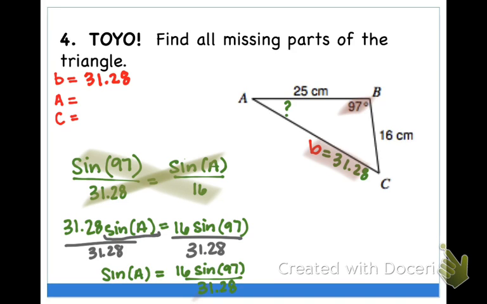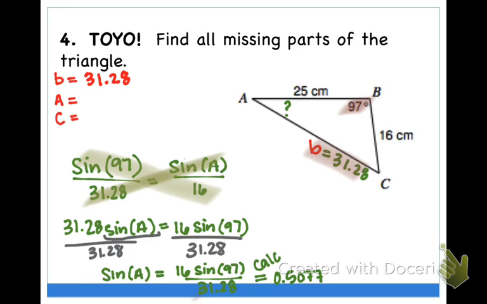And it's hard to see on top of that. But I want to take this and I want to put this into my calculator. So in the calculator, be careful with those parentheses. We get 16 sine 97 divided by 31.28. And we would get 0.5077 if I rounded there.